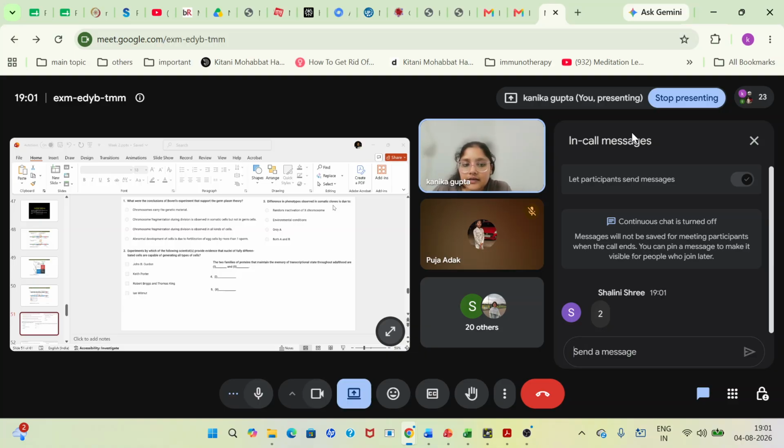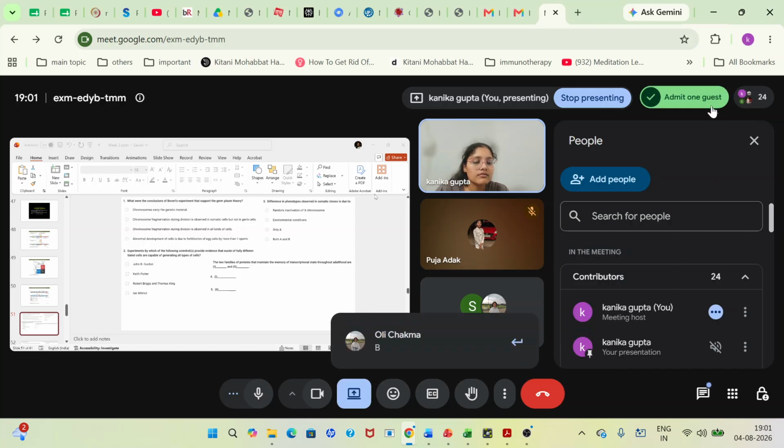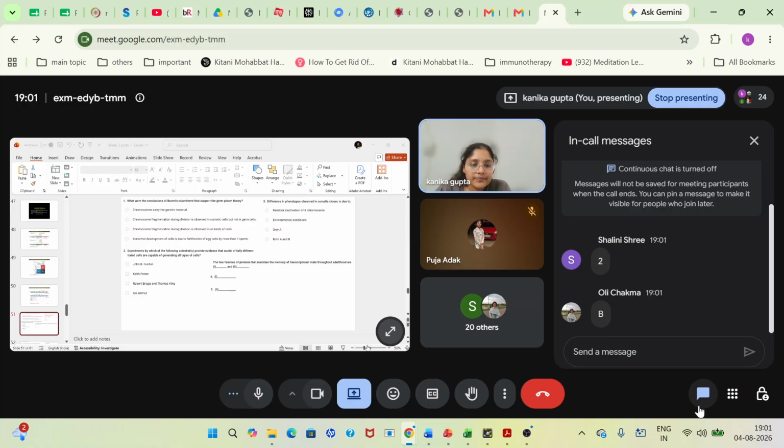Okay, Shalini. Other people, please. Very good, Shalini. Only other people, please, if you guys want to participate. You guys understood the question, right? The question says, what were the conclusions of Boveri's experiment that support the germplasm theory?